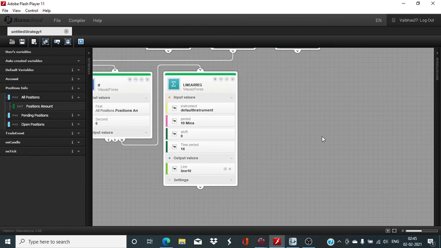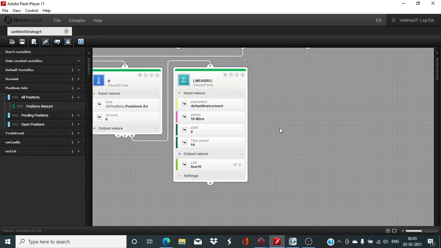and now coming to linear regression values, I will change this to hourly. Shift will be 1.